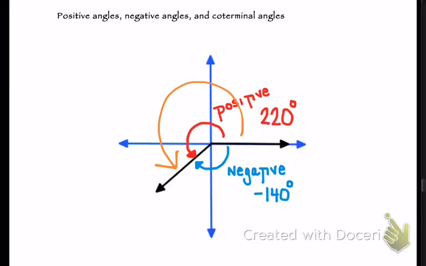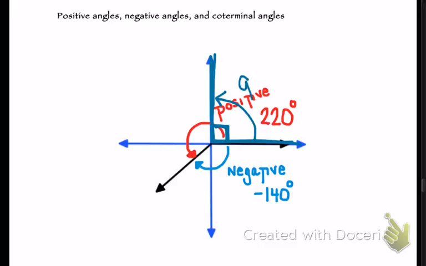So understand the difference between the two. The way that I remember them, I know my entire life this has been 90 degrees, so I know positive angles have to go in this direction. That's the way that I remember it, totally up to you.